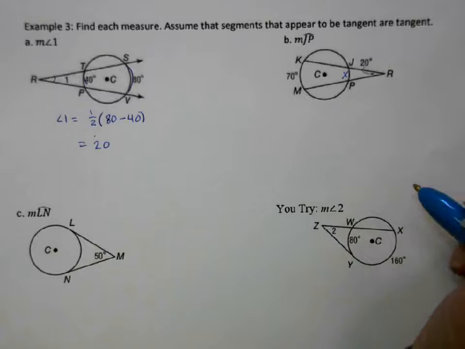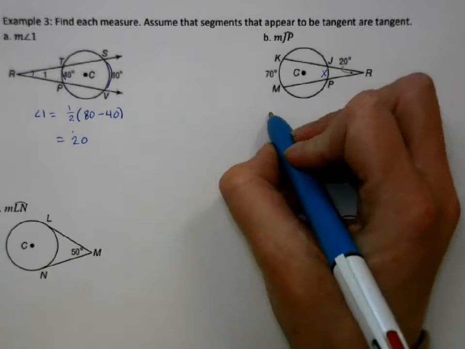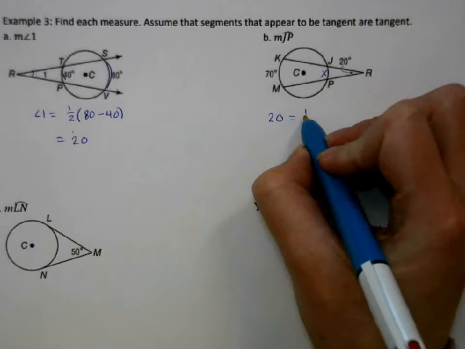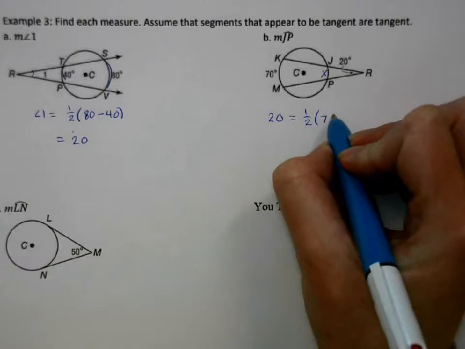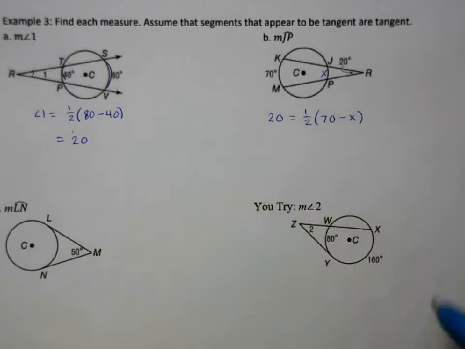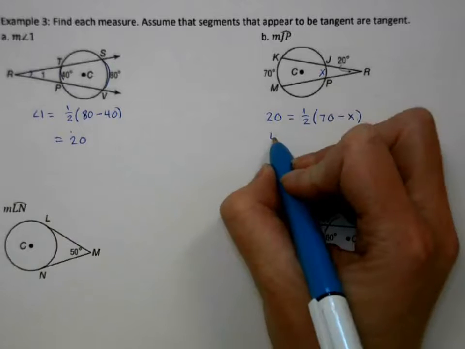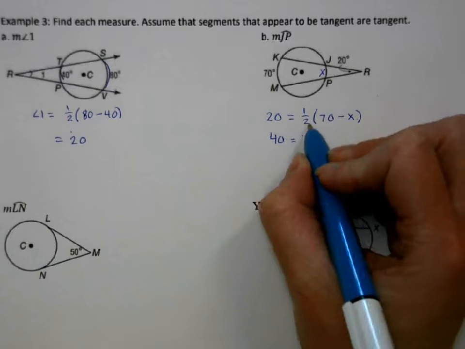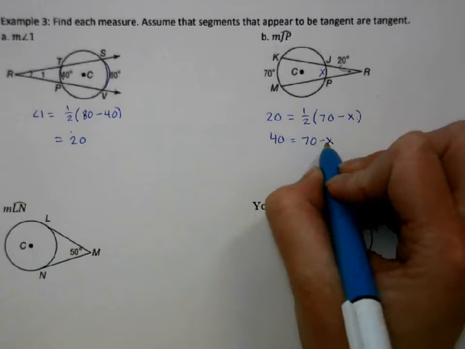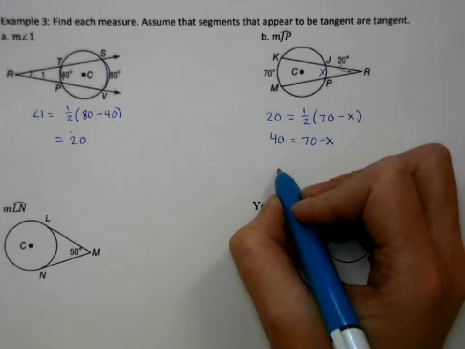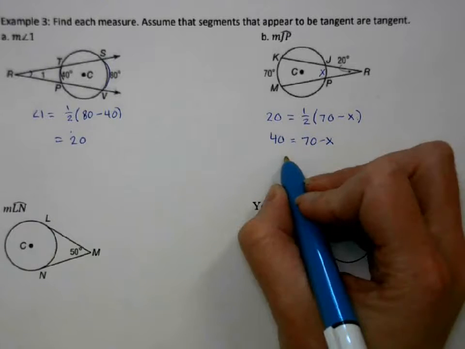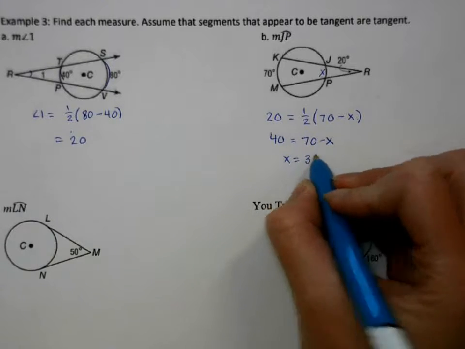So I'm just going to label it as X for my equation. The angle 20 is equal to 1/2 of the outside arc minus the inside arc, which is our unknown. So I'll multiply both sides by 2, which gets rid of the 1/2. Okay, so if 70 minus X is 40, X is 30.